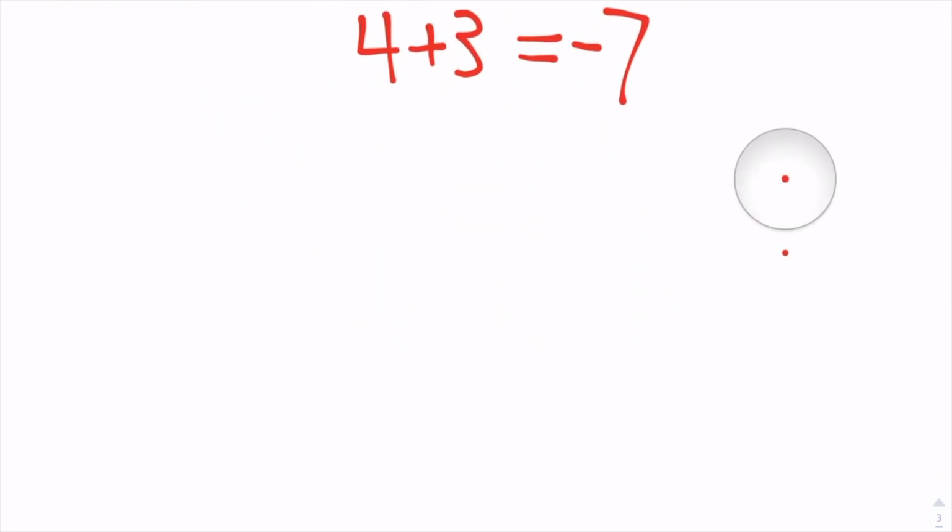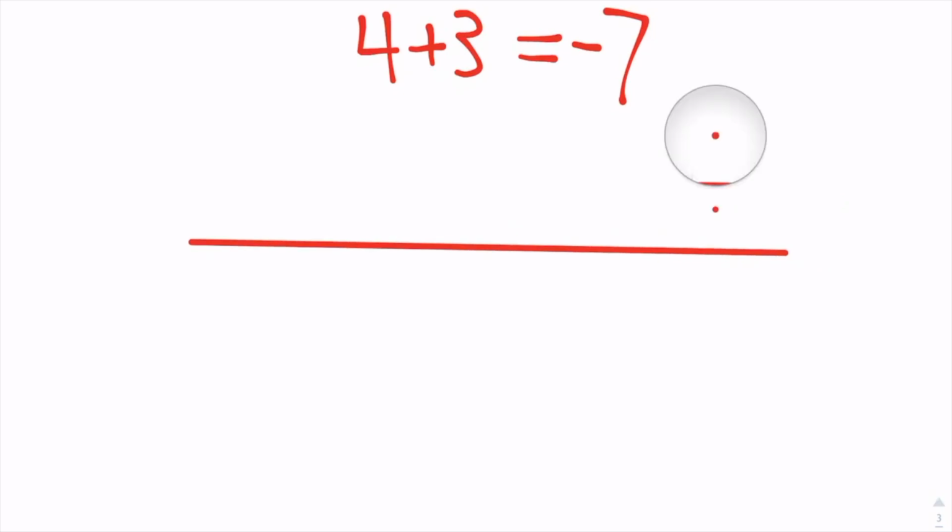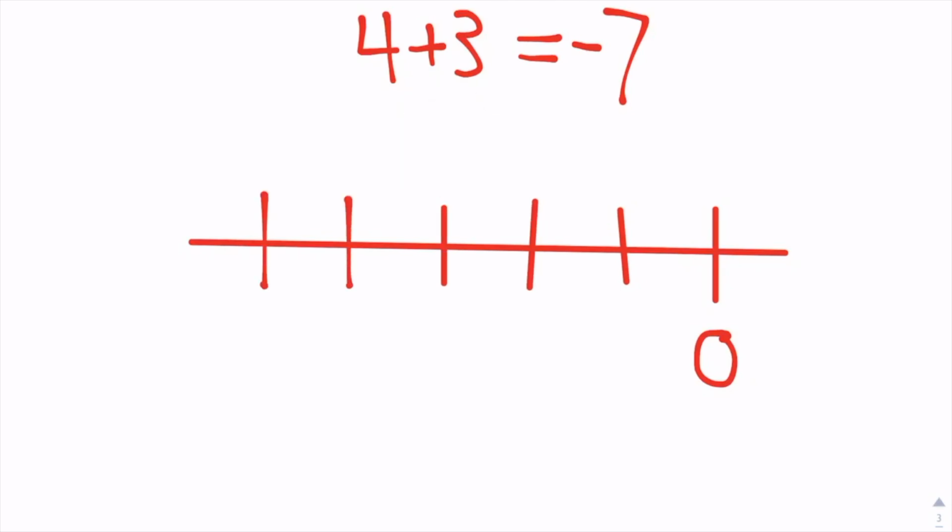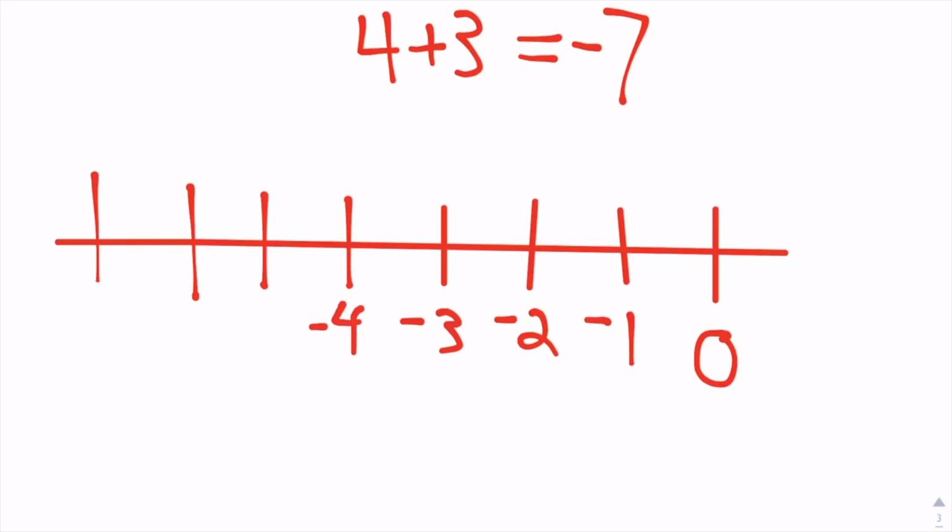Looking on the number line. Okay, so negative. Better label it right. So negative 1, negative 2, negative 3.